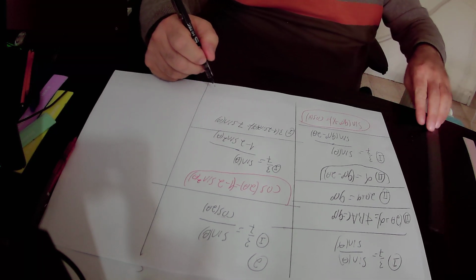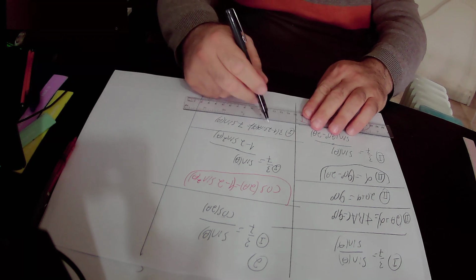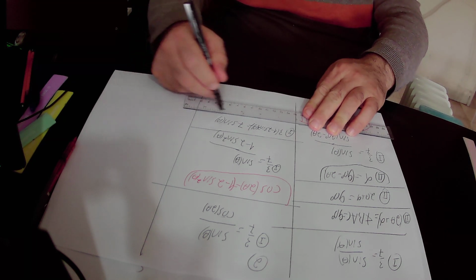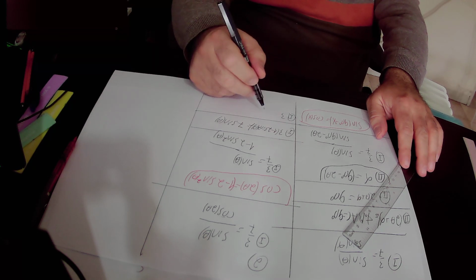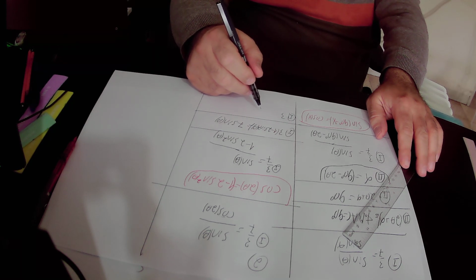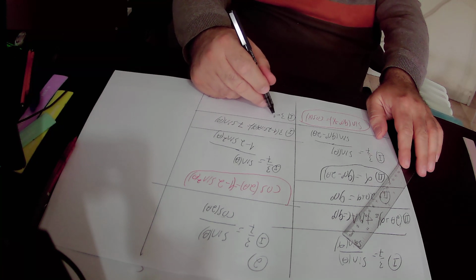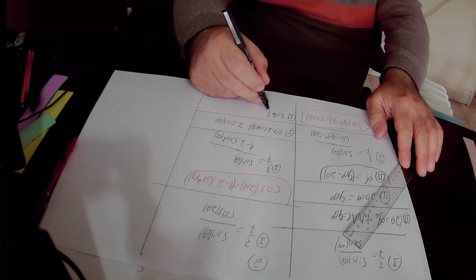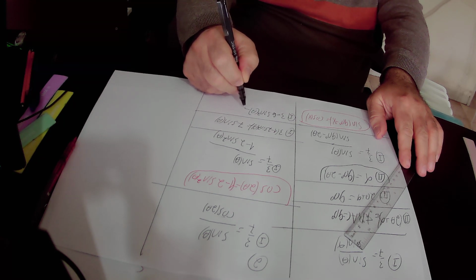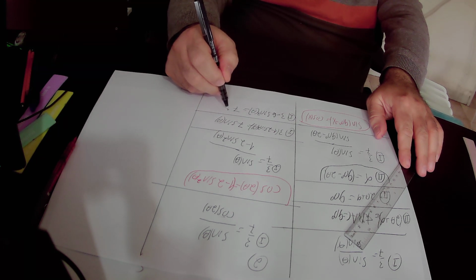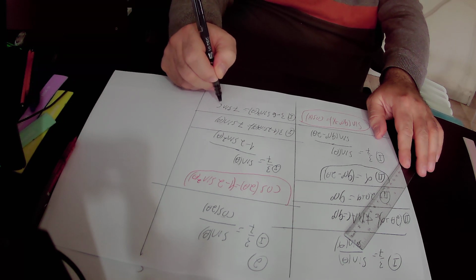So here we'll open the brackets on this side of equation number 1, and we'll get that 3 times 1 is 3, 3 times minus 2 sine square theta is minus 6 sine square theta. That equals 7 times sine theta.